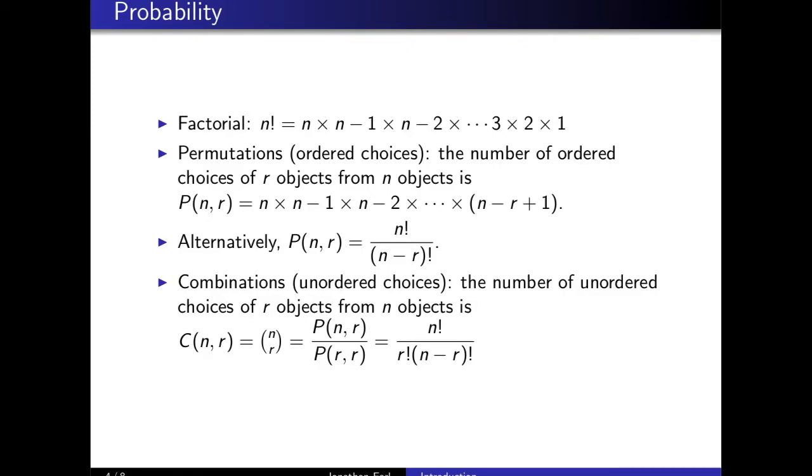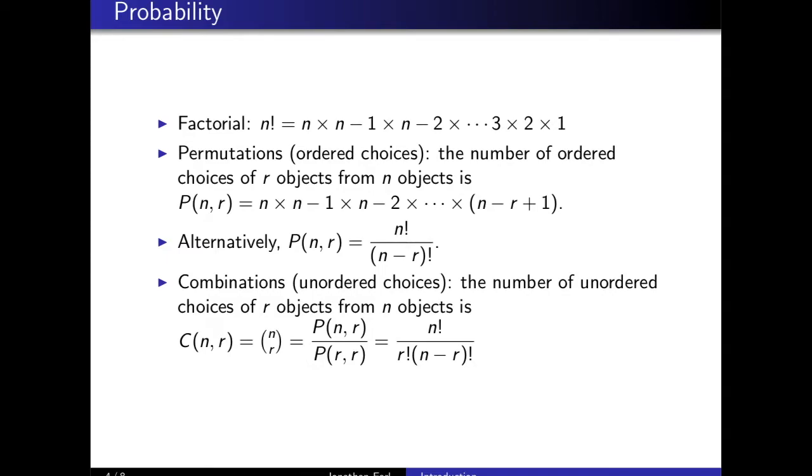Okay, so some notation that could be useful in simplifying things down a little bit is the factorial. So you might remember from maybe high school algebra or something that n factorial is n times n minus 1 times n minus 2 all the way down to 3 times 2 times 1. A permutation is the number of ways in which you could order r objects from n objects.